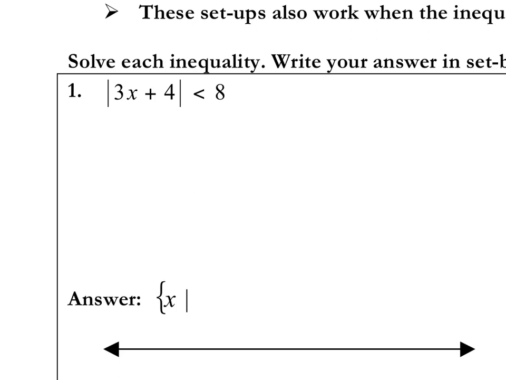So first of all, you want to verify that the absolute value is by itself. You want to verify that this is a less than problem and that we have a positive number on the other side. Okay, and again, think less than, which means it's an and statement.